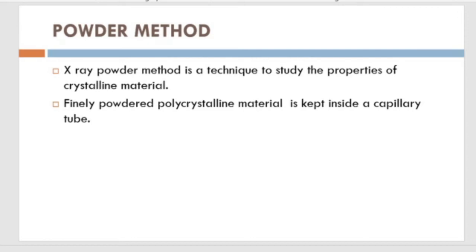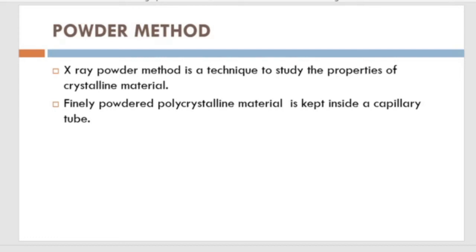The powder X-ray diffraction method is the most convenient method for obtaining diffraction data, which can be conveniently employed for the identification and characterization of crystalline materials. The diffraction data of the material can be found out. For a particular material the diffraction pattern is unique, so that's why we use this powder method.